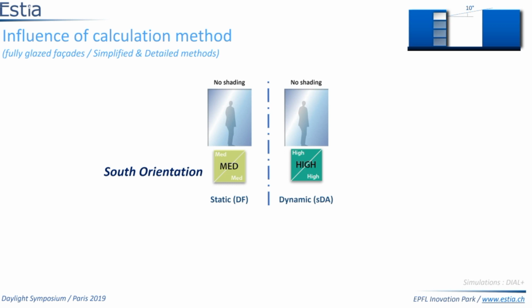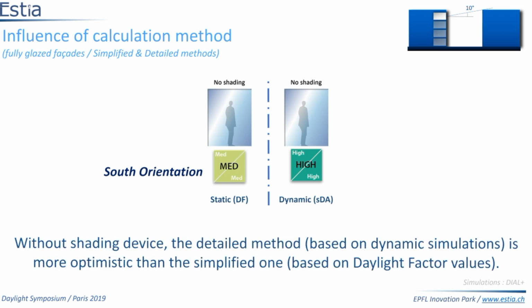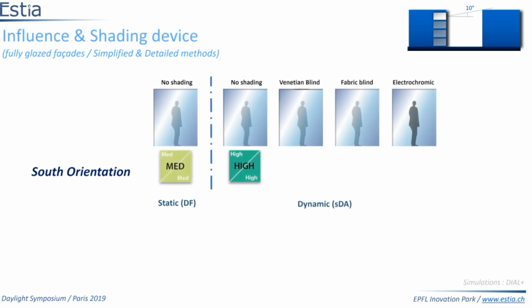Normally, if you do not include shading, the dynamic method is more optimistic. But if we include shading devices, then we have to use the dynamic method and make hourly simulations.